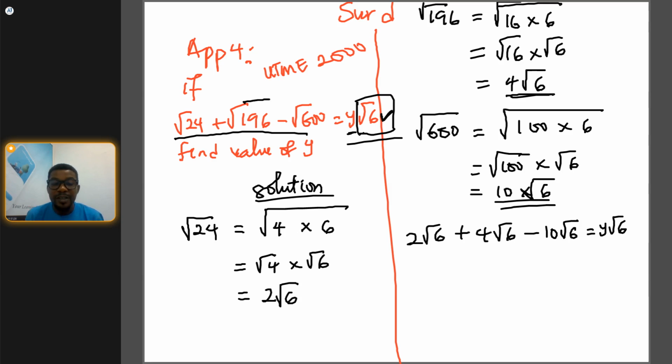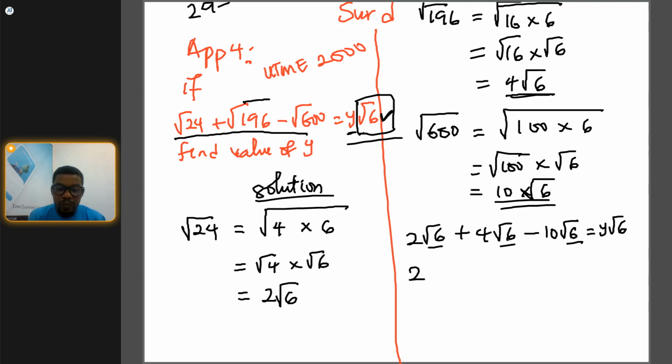Since the roots are the same, we can go ahead to perform a basic operation. It's just like saying 2a plus 4a minus 3a. Since they have the same variable, a, you can go ahead to add and subtract. So root 6, root 6, root 6, we can add and subtract.